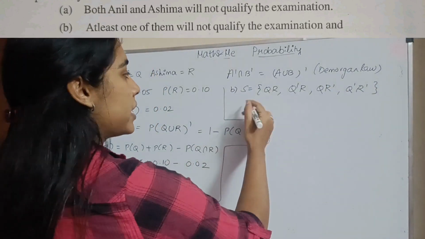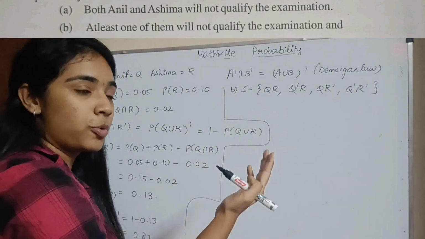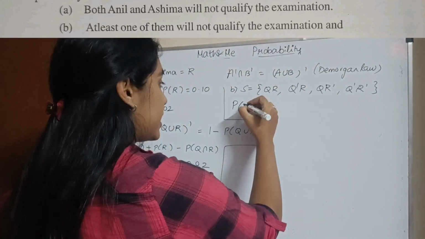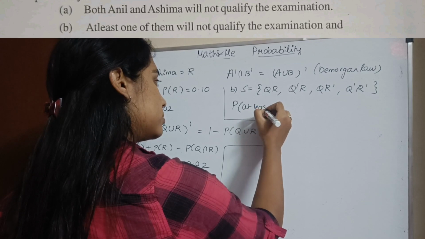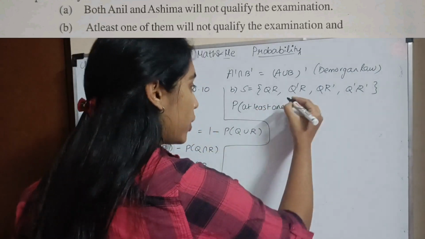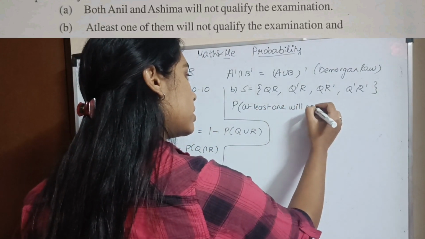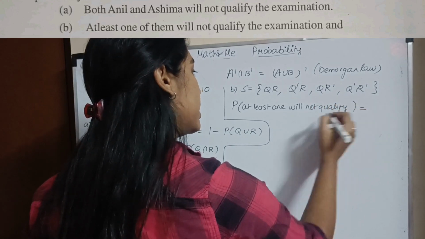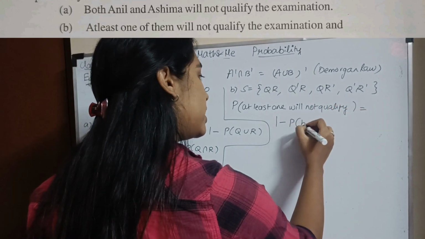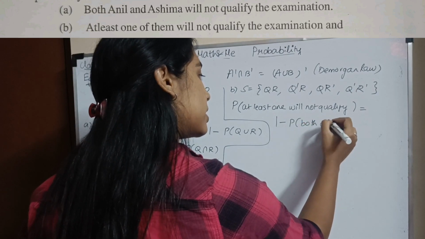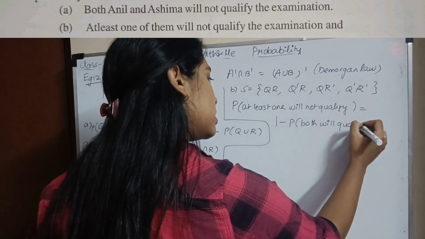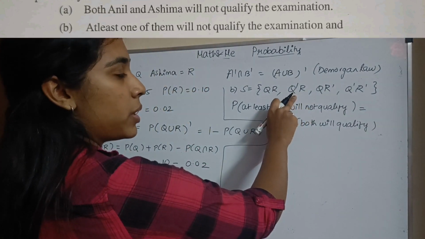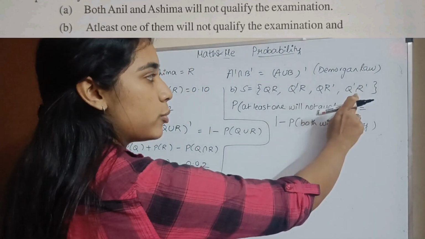Correct? So, what will be my negation? I need the probability that at least one will not qualify, which is nothing but 1 minus the probability that both will qualify. At least one will not qualify means either Anil will not qualify, or Ashima will not qualify, or both of them will not qualify.